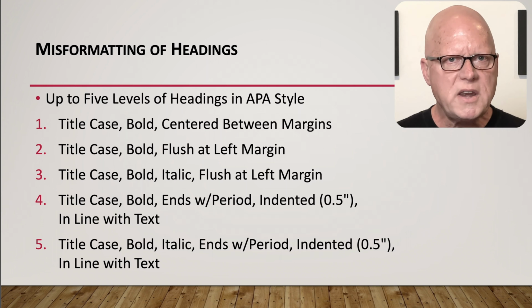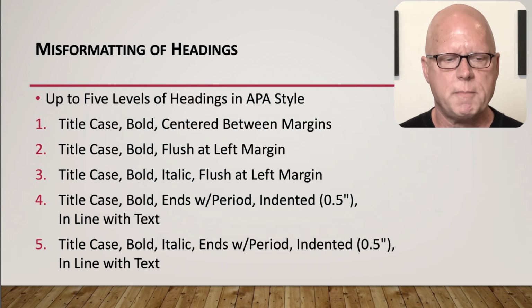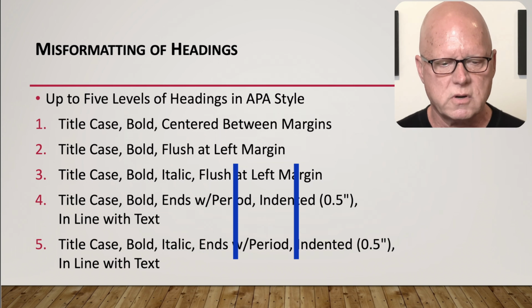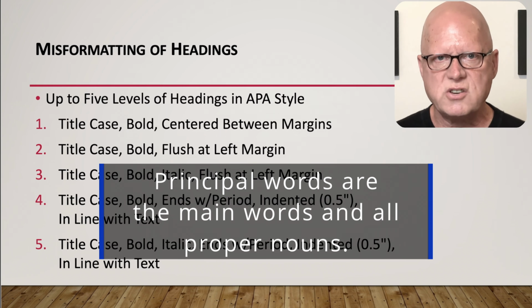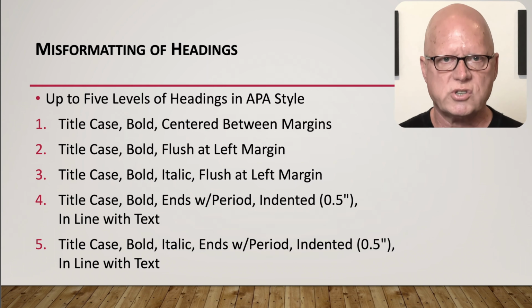A level 1 heading introduces a main point, a principal topic within the paper. And this heading should be presented in title case, in which the principal words are initially capitalized, bold, and centered between the vertical margins, that is, centered between the left and the right margins of the paper.